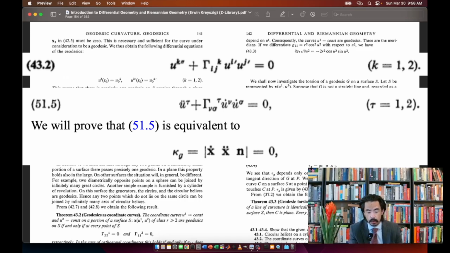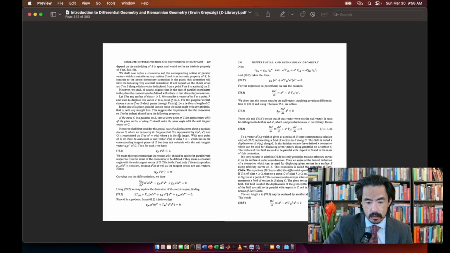That's actually 51.5, which maybe I'll clip on screen. It's u double dot superscript tau plus Christoffel sub nu sigma superscript tau times u dot nu and u dot sigma is equal to 0. But then we have a replacement of Greek characters with Latin characters, and we're doing primes instead of dots. All right, here we go.